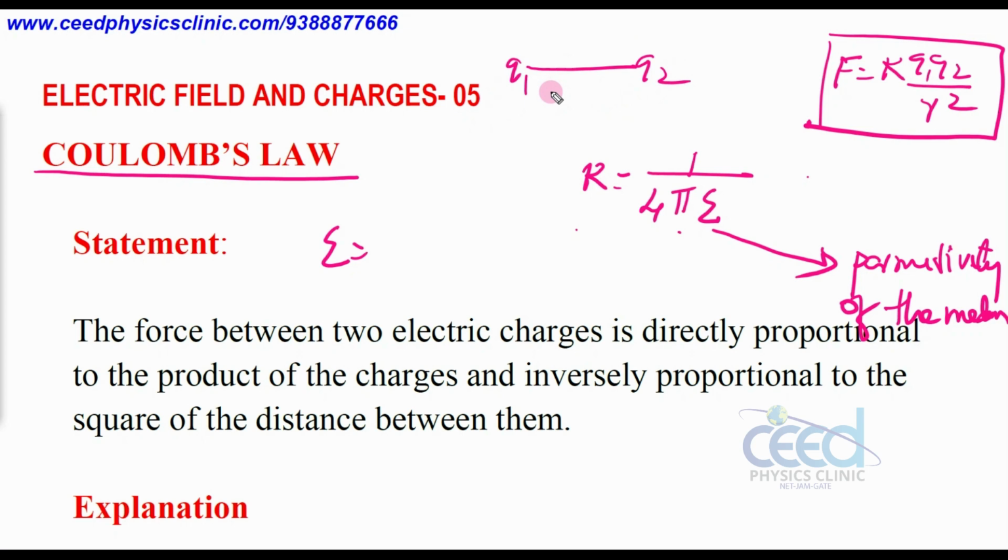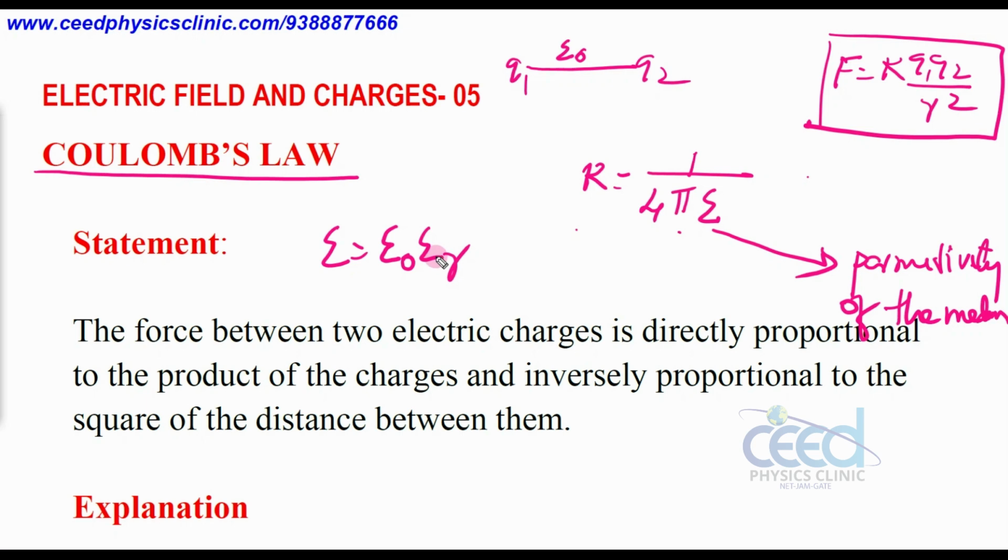Such a condition is called free space, and its permittivity we call epsilon 0. If you insert a medium, the new permittivity will be epsilon, which we can define as epsilon 0 into epsilon r.